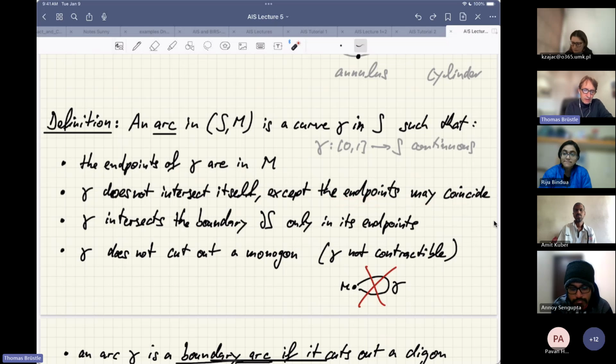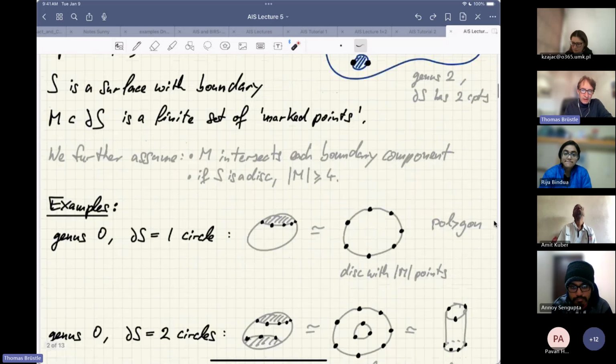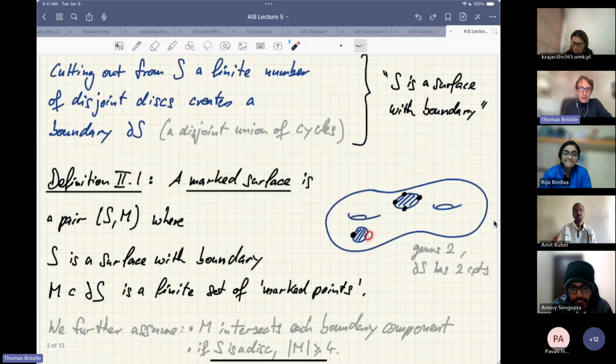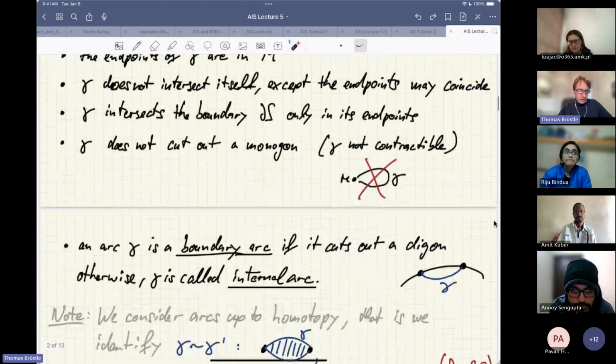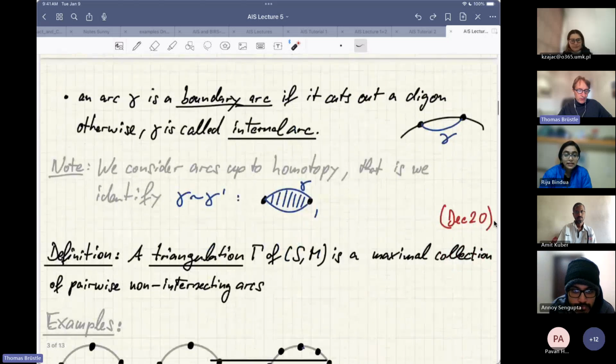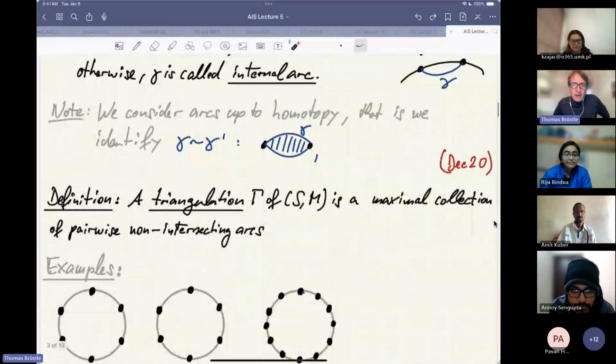I can start here in my surface and walk around a little bit and go back down there, but then I might come back to the same endpoint. This is allowed. These are the most important properties, and I think this is where we ended yesterday.